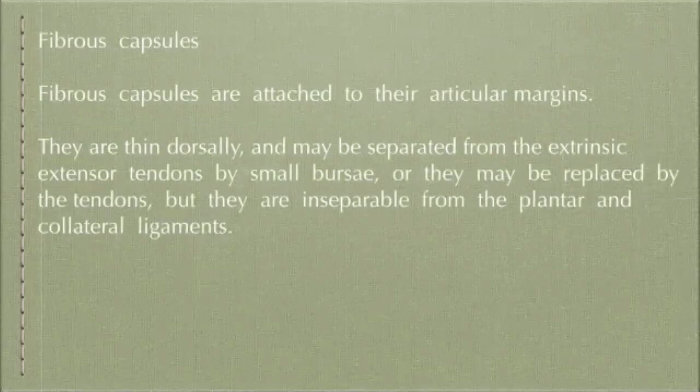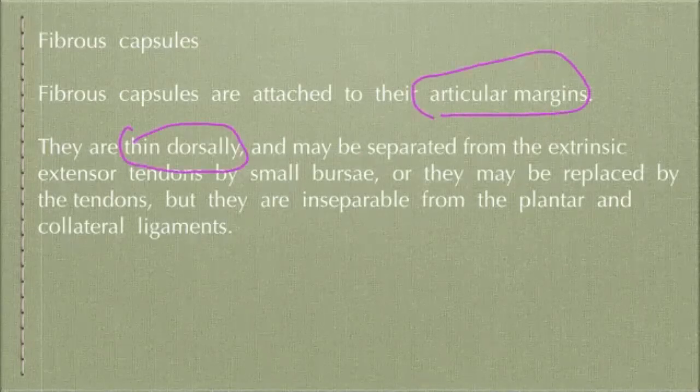Fibrous capsule attached to their articular margins, thin dorsally, and may be separated from the extrinsic tendons by small bursae, or they may be replaced by the tendons, but they are inseparable from the plantar collateral ligaments, right? So thin dorsally and inseparable from the plantar and collateral ligaments, right?